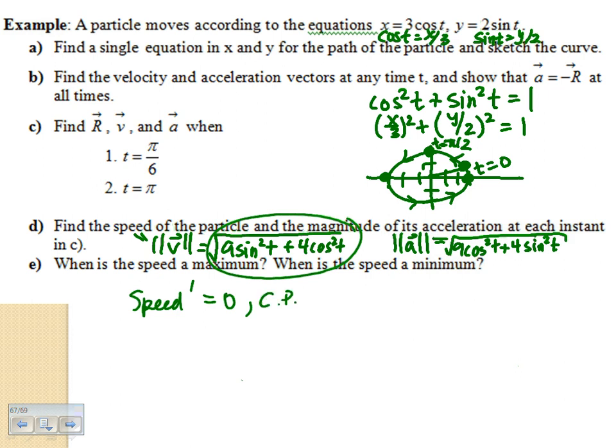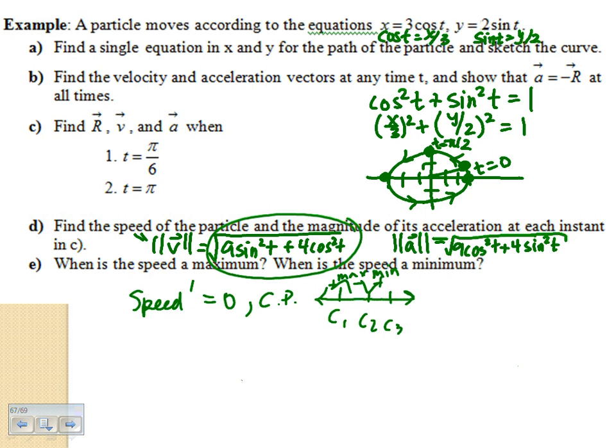Endpoints would be included, but do we have endpoints? No. So we find our critical points and set up a number line with all of them. If it goes positive to negative, it's a max. If it goes negative to positive, it is a min.